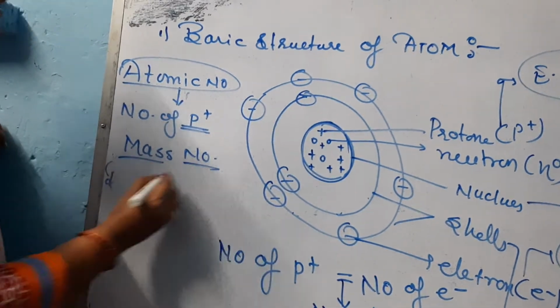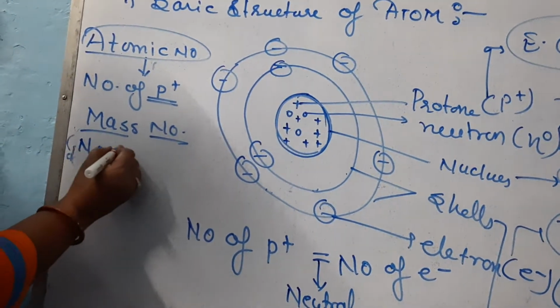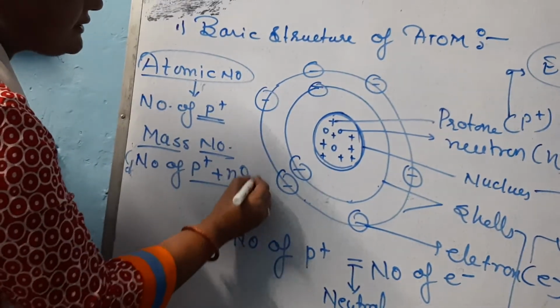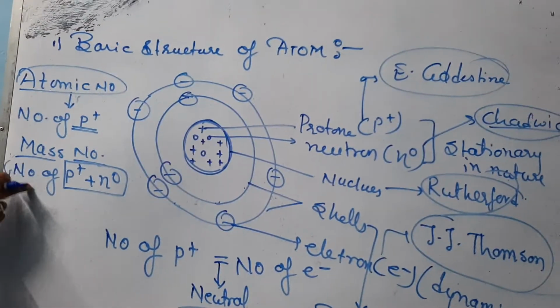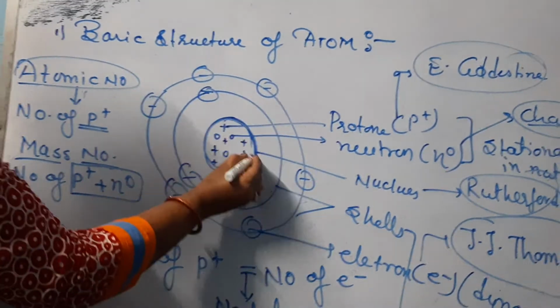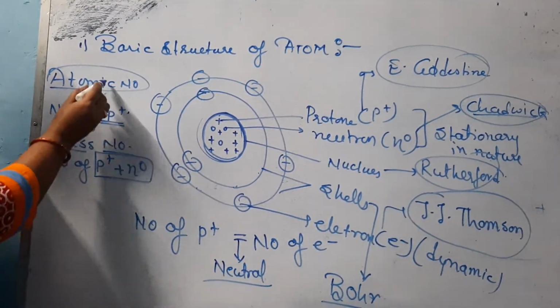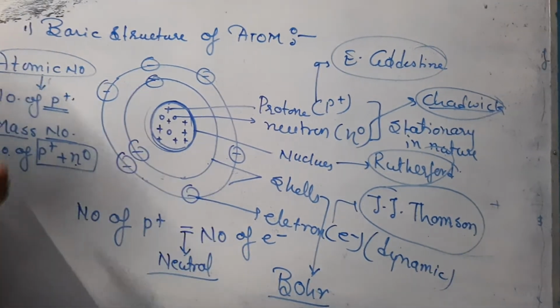If I am talking about the mass number, it means number of protons plus number of neutrons inside the nucleus. It means atomic number and mass number both are related to the nucleus of the atom. Number of protons means atomic number. Number of protons plus neutrons means atomic mass.